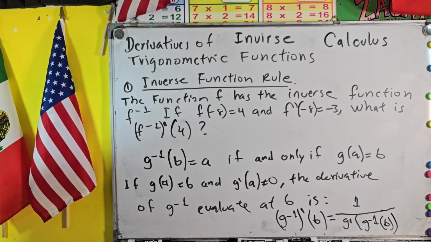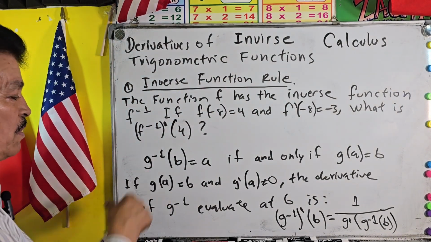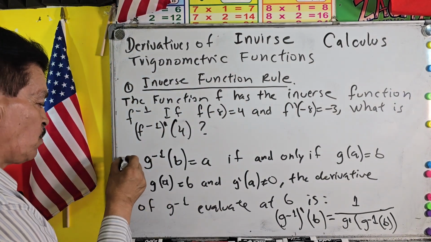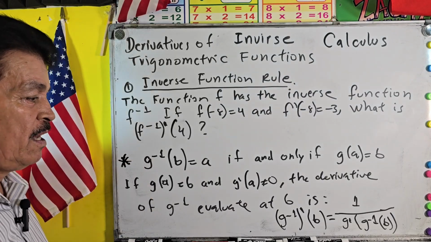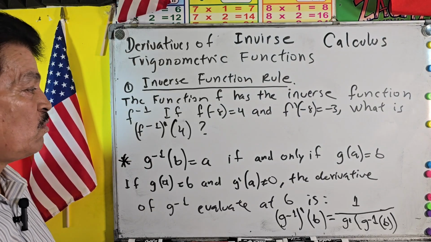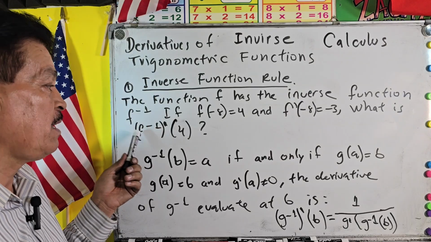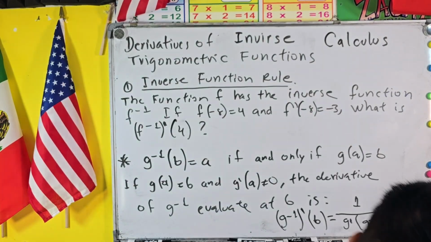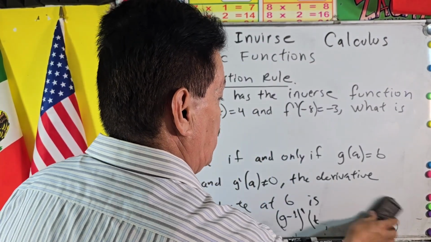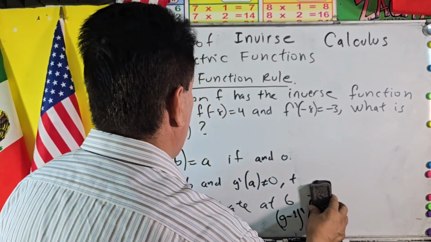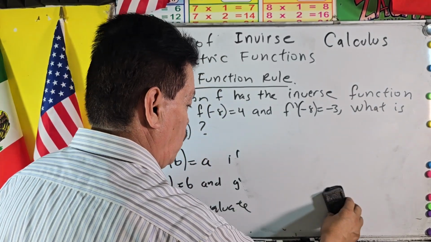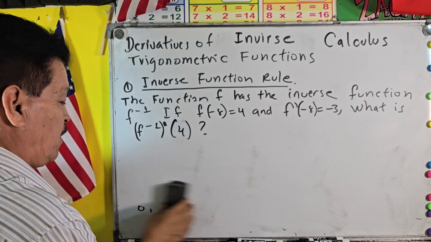That's the main formula. This concept is very, very important to remember to understand the rule. This is the rule for how we are going to find the answer to our problem, just applying the inverse function rule.